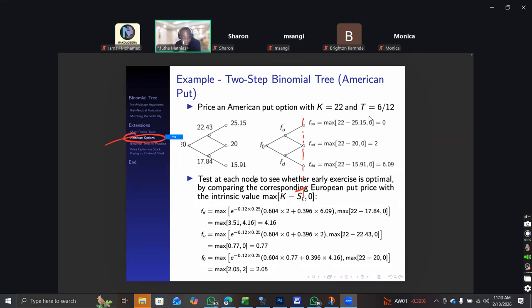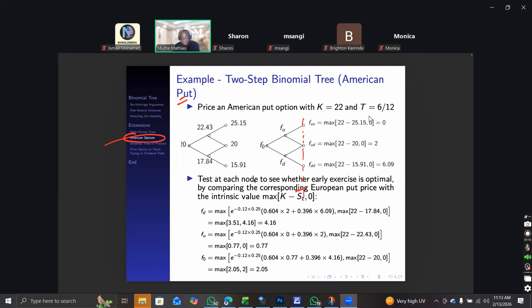So American options. The way we price this, and here of course we're using a put just as an example, if there is anything specific, you can use a call, it does not matter. Let us see how we can price American options.